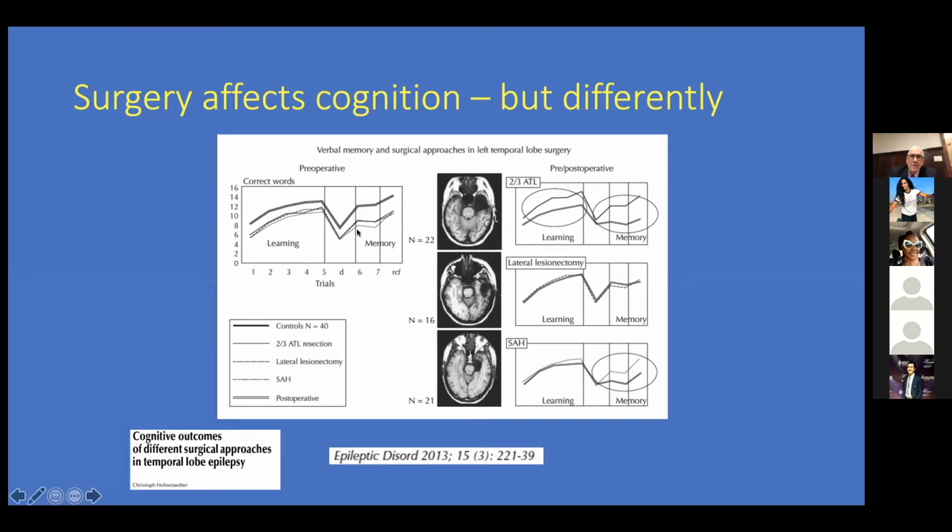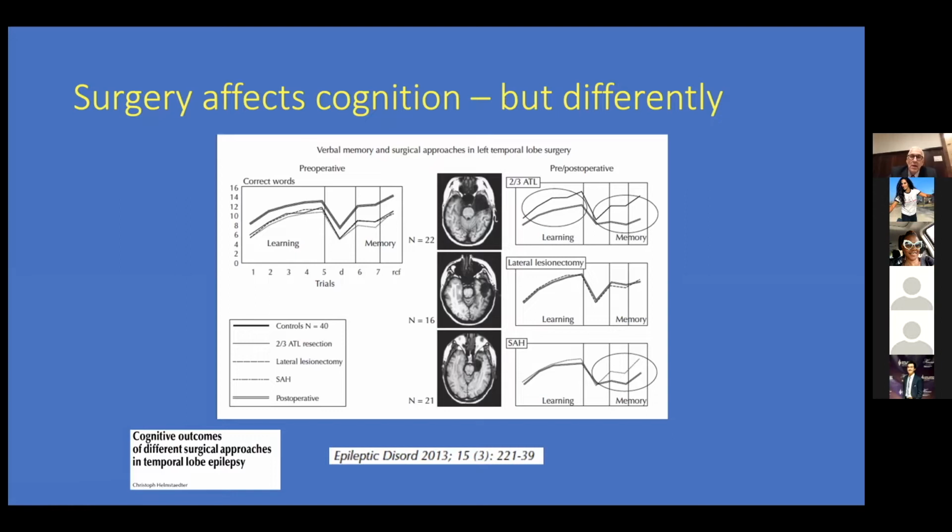You can see, if you look at learning and memory, both your learning and your memory, compared to the controls, goes down. So there is a price to pay. You become seizure-free, but your learning and your memory might suffer from this.